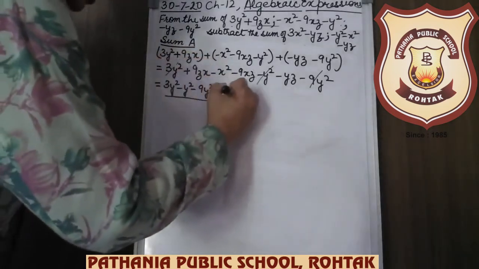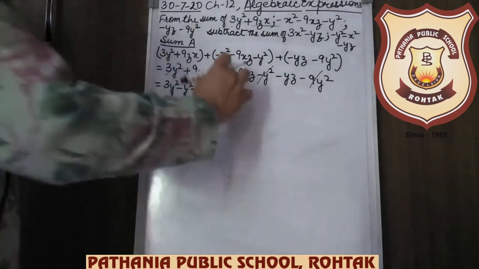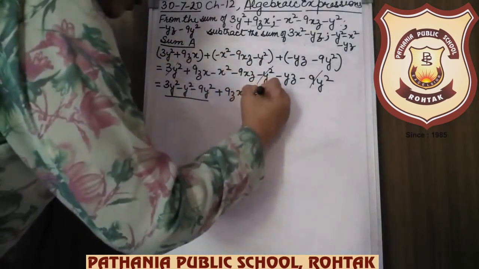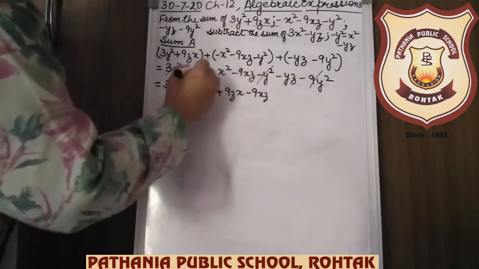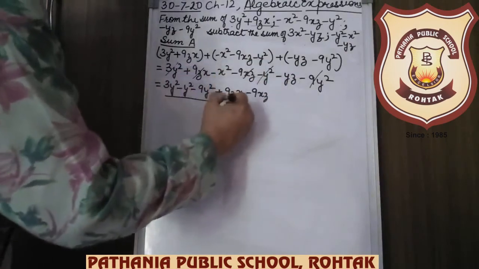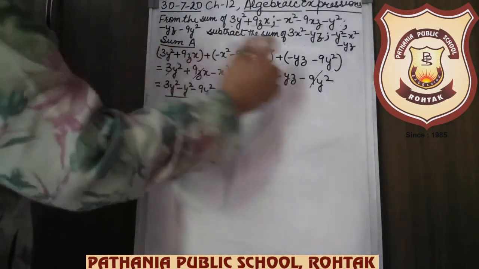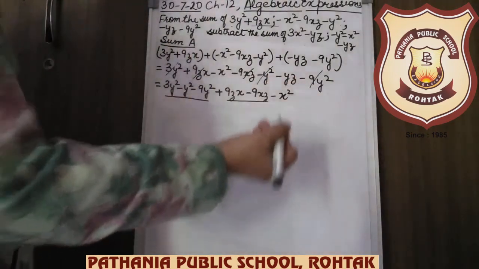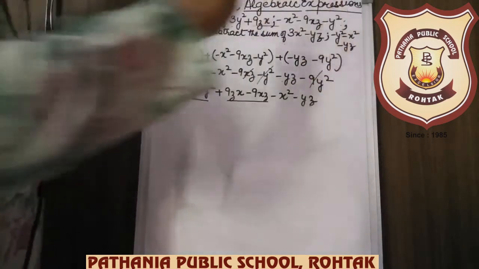Then plus 9zx. xz, zx is one and the same thing. So I will write 9xz. This is yz. So these are not the like terms. So I have used these two also. Now is there any term with variable x square? No. So I have written minus x square as it is. With variable yz, I have written minus yz.